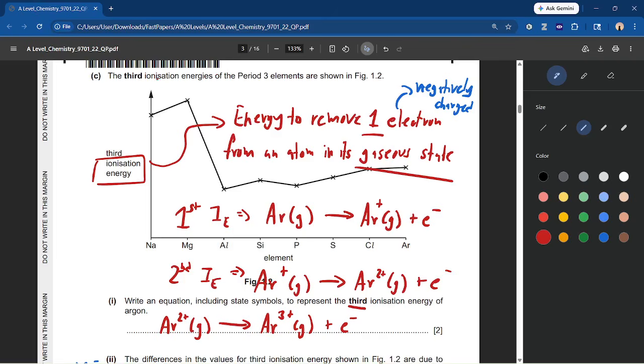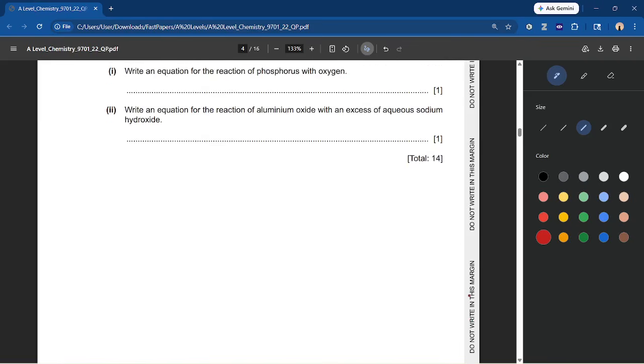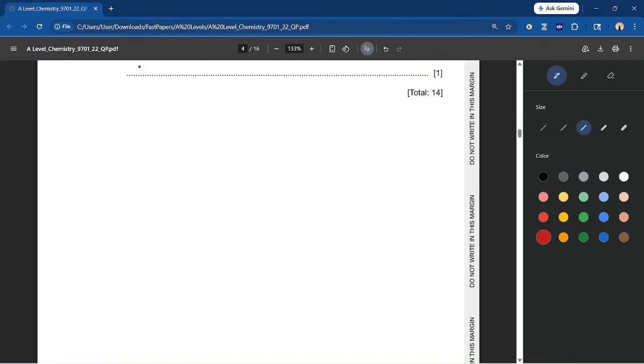Remember that this is talking about the third ionization energies. If I go to a fresh page, sodium has a proton number of 11, magnesium has 12, and aluminum has 13.